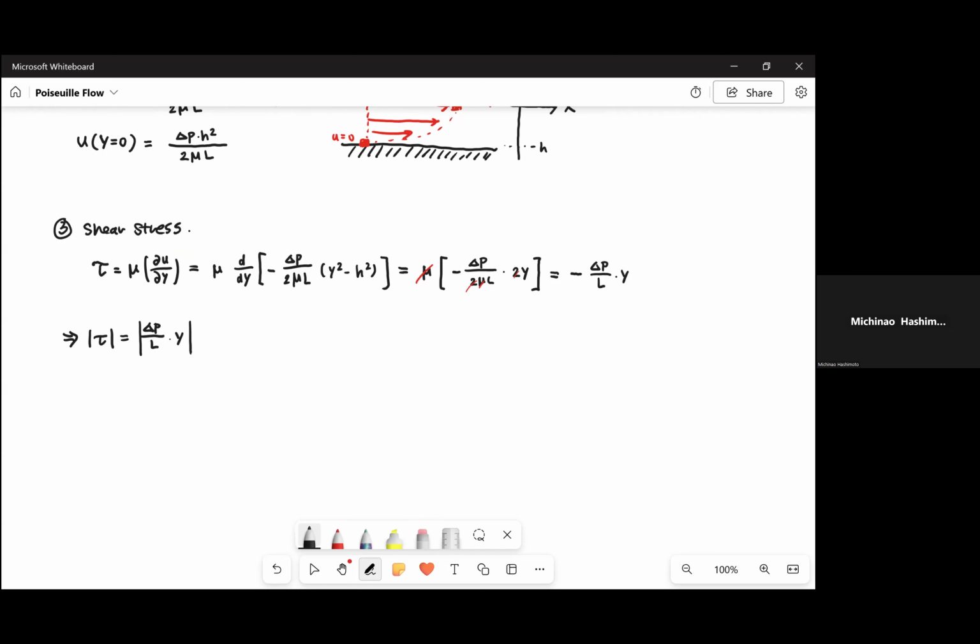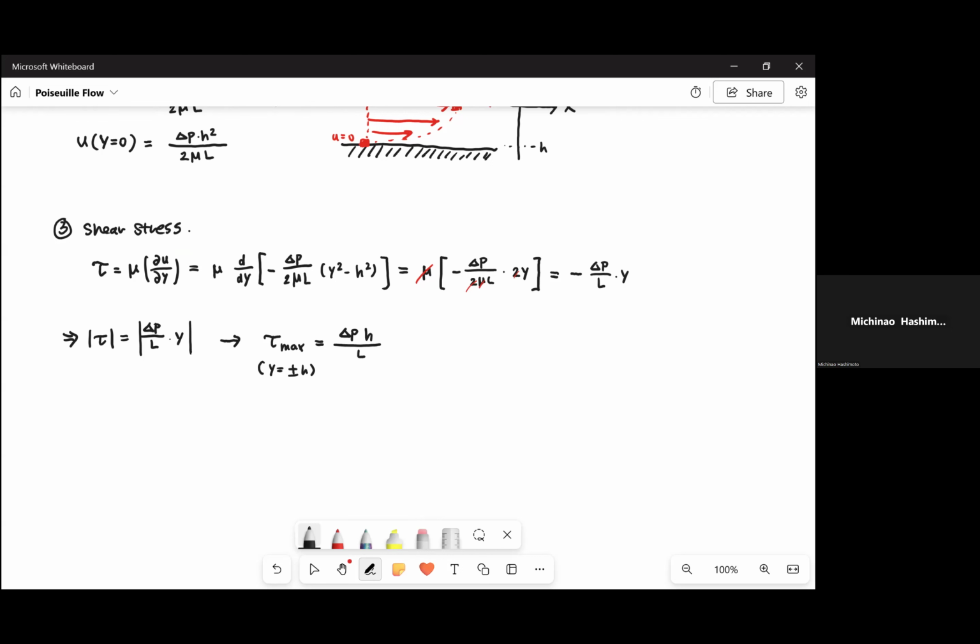If you want to know the maximum and minimum of the shear stress, the maximum occurs at the biggest y, farthest from the center. This is delta P times H over L, at y equals plus or minus H.